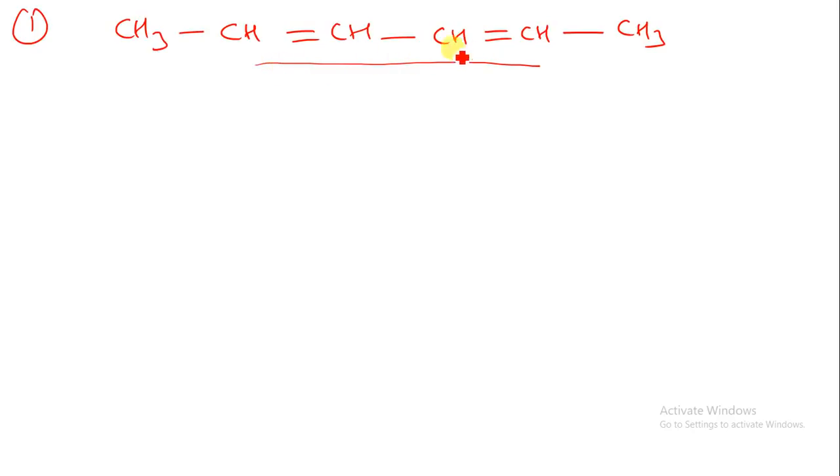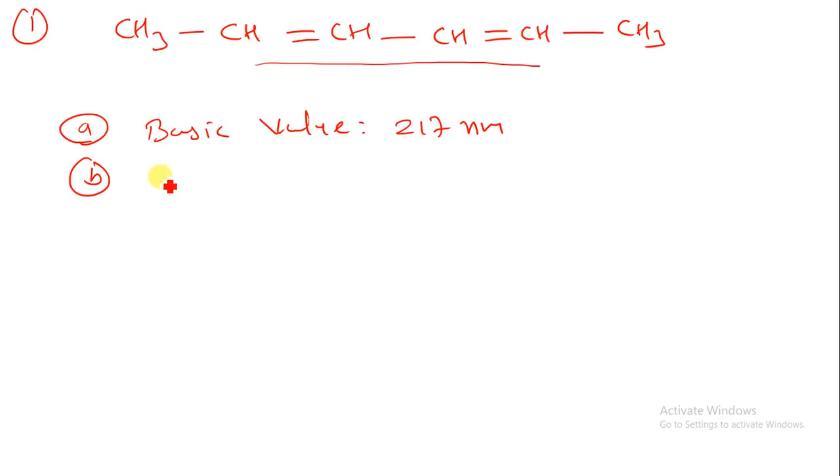There is a double bond present, but there is a substitution of CH3 on the first carbon and the last carbon. First we put up the basic value of this system. Here we have a butadiene system, so we add 217 nanometer. That is the basic value for the butadiene system.